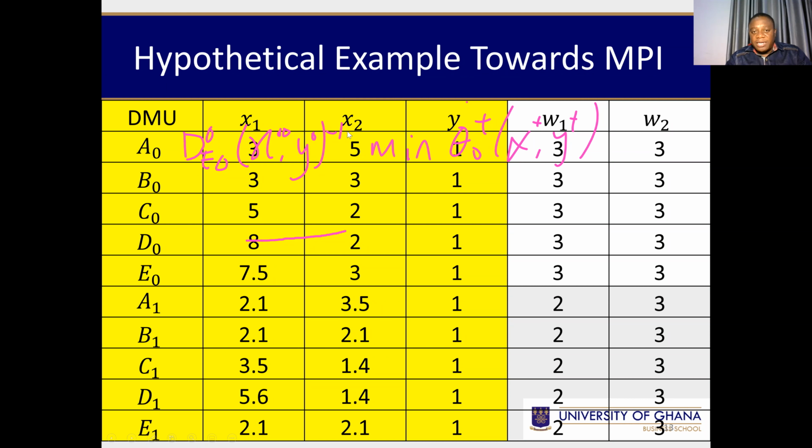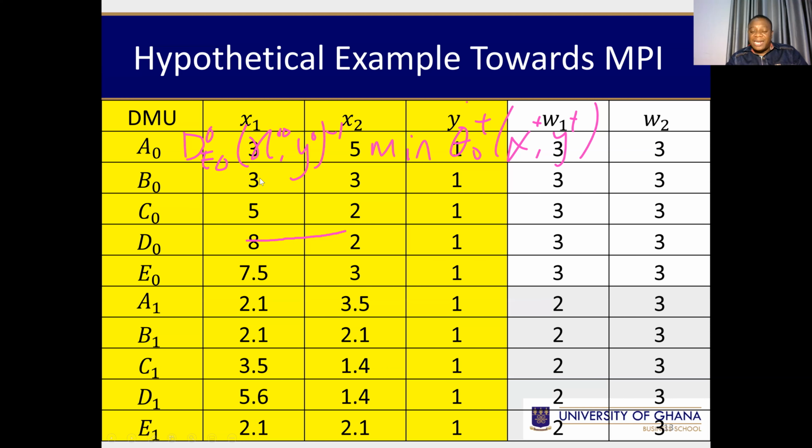And then the other inputs are 5, 5, 2, 2, 3. Now the weighted sum means that we need to do 3 lambda A0 plus 3 lambda B0 plus 5 lambda C0 plus 8 lambda D0 plus 7.5 lambda E0.